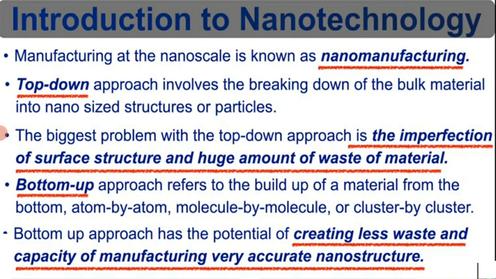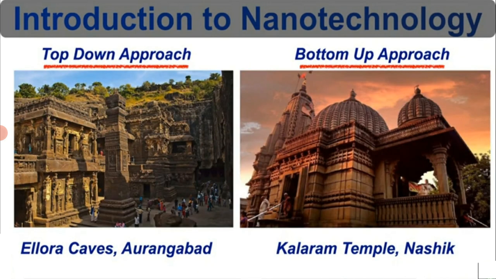The bottom-up approach has the potential of creating less waste and manufacturing very accurate nanostructures. Let's see examples: an example of the top-down approach is the Ellora Caves in Aurangabad, and of the bottom-up approach, the Kalaram Temple in Nasik.